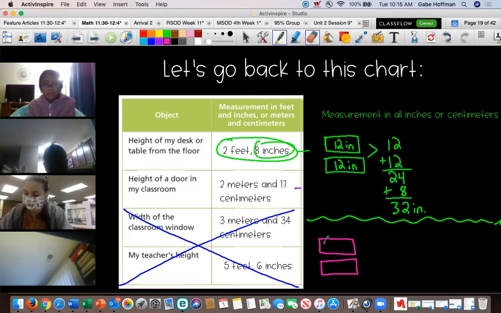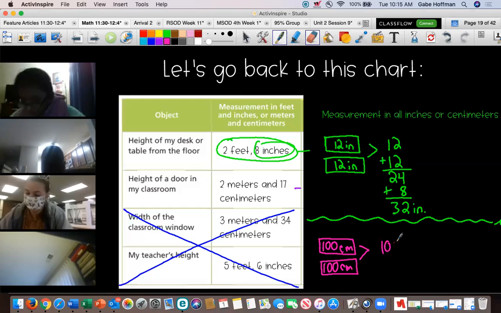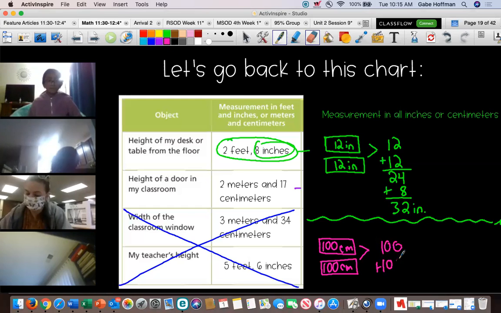You know there's 100 what in a meter? What do we call those? 100 centimeters. 100 centimeters in each meter. Okay, so each one of my rectangles is your meter. So you have 100 centimeters, and then you added those together. So 100 plus 100, and you got 200 centimeters.